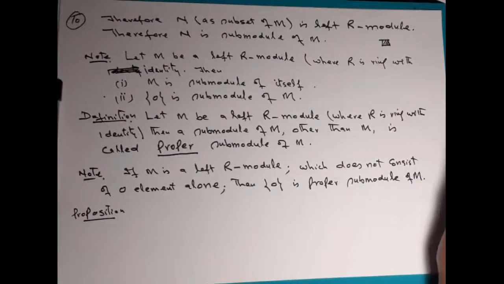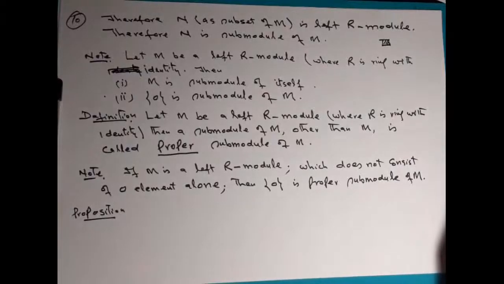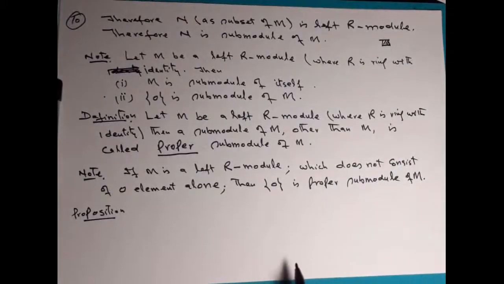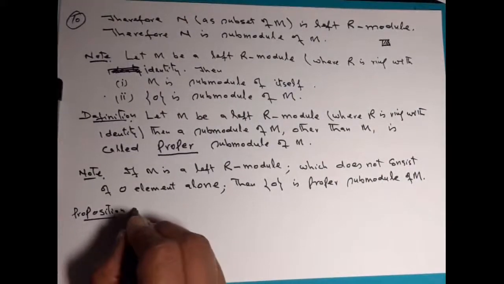If we are given a module and a family of submodules, then the intersection of that family is also a submodule. You remember that if we are given a family of ideals, then the intersection of that family is also an ideal, and the same goes with subgroups.